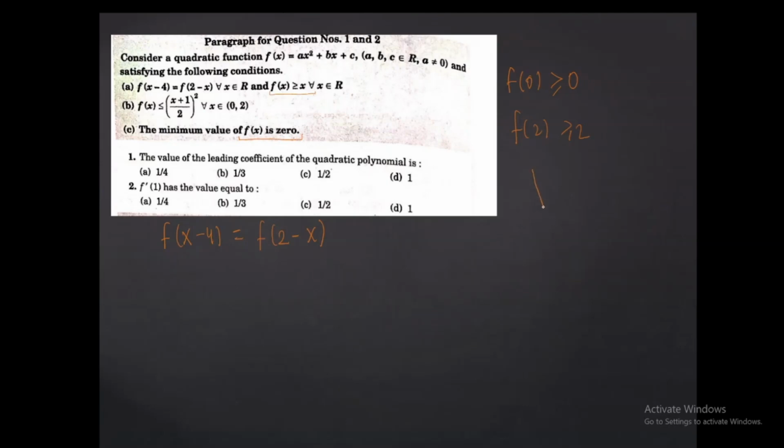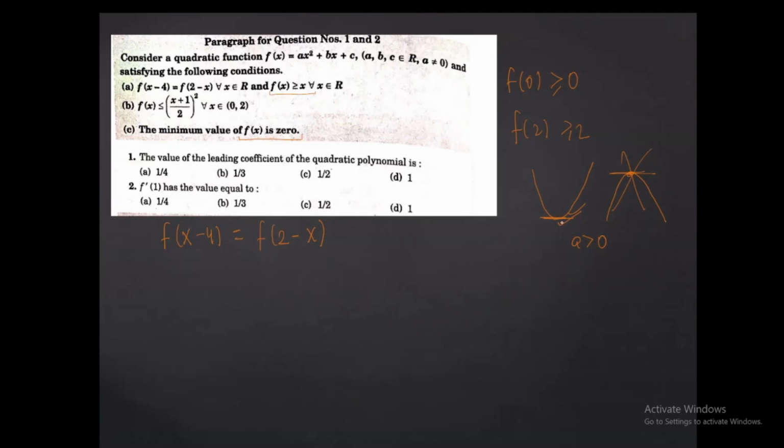If this is a parabola opening up, then only its minimum value will occur. If it is opening downward, its maximum value would be 0, so this cannot be the case. This will be the only case, so we can also say that a is greater than 0. The leading coefficient of the quadratic polynomial is greater than 0.